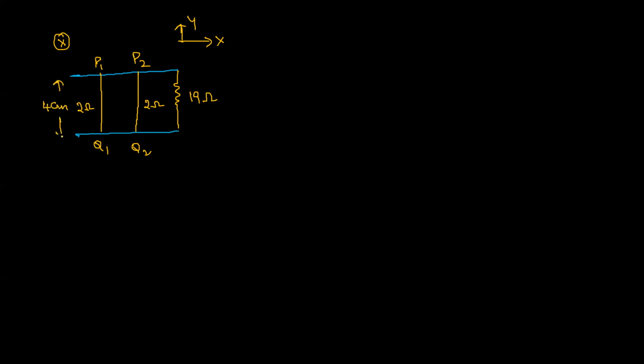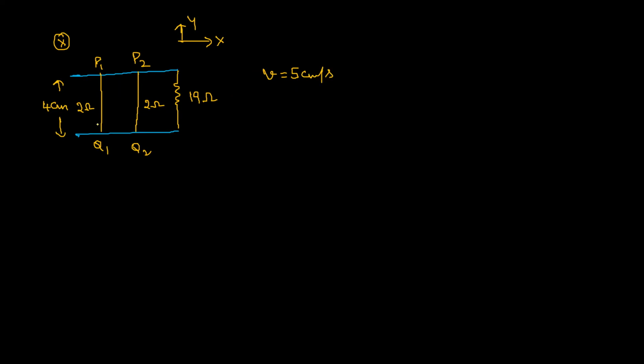Now see the first condition. Find electric current in the 19 ohm resistor if both wires move towards right. If both are moving towards right with a velocity, and see the velocity given, 5 centimeter per second, right?